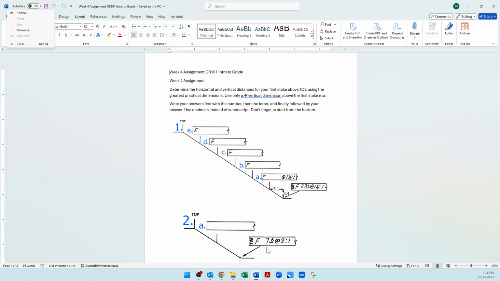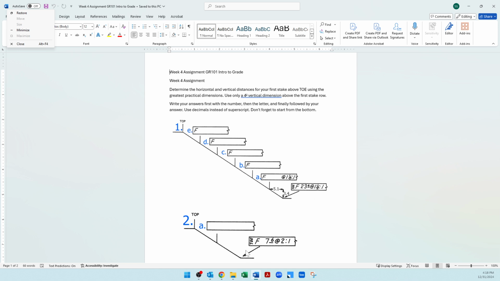But this one, the total fill is 7.6. So let's not let this one fool us. And look here, the ratio is 2 to 1. So we take the highest multiple of 4, subtract it from 7.6, and the highest multiple of 4 that can be subtracted from 7.6 is 4, and that leaves a vertical of 3.6.